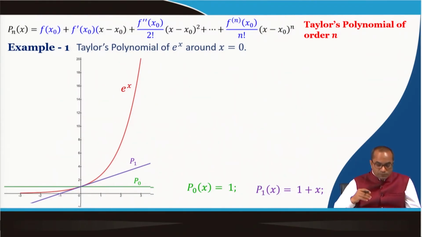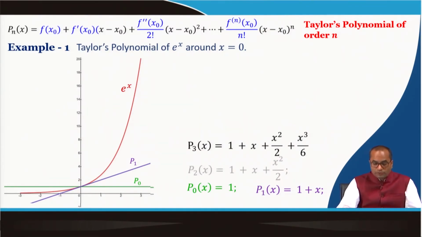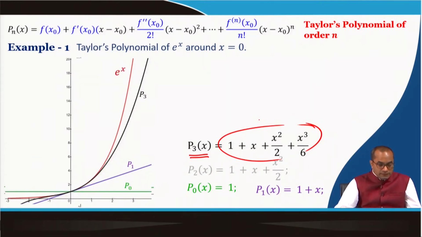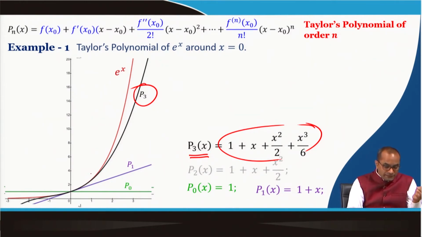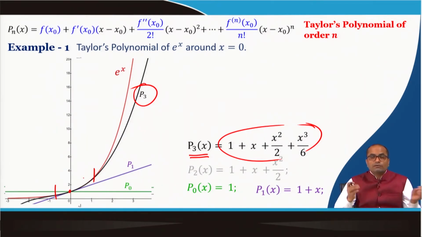So we continue this process, we go to the higher order polynomial. So P3(x), this Taylor's polynomial of order 3, if we compute, let's see how it looks here. We can see now this closeness increases. Around this x0, the interval of closeness is increasing as the order of the polynomial is increasing.